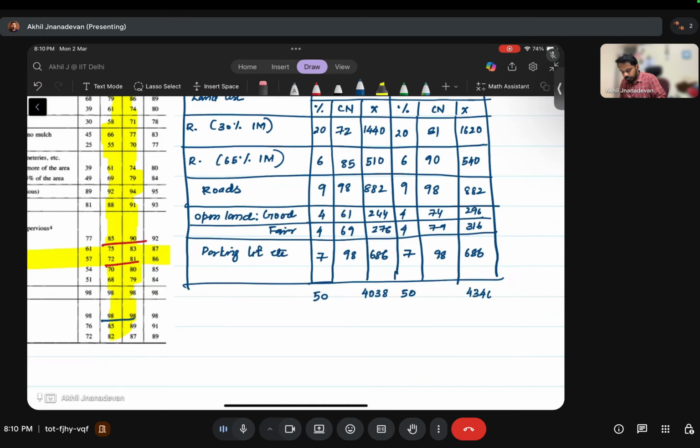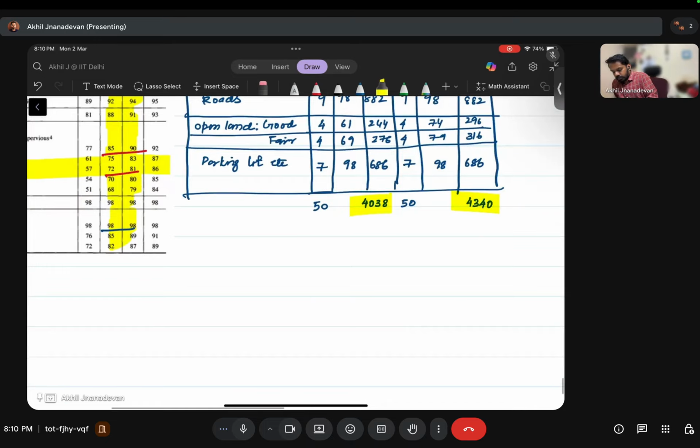So weighted curve number is next. So we need a single curve number. So weighted curve number CN will be equal to 4048 plus 4340, these both are in percentage, divided by 100.